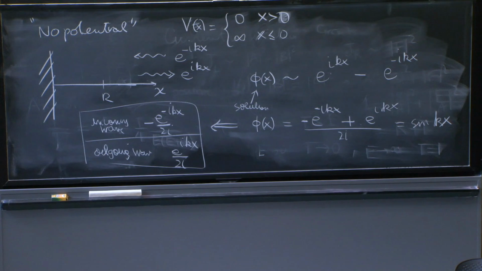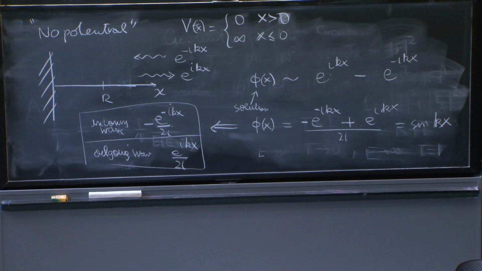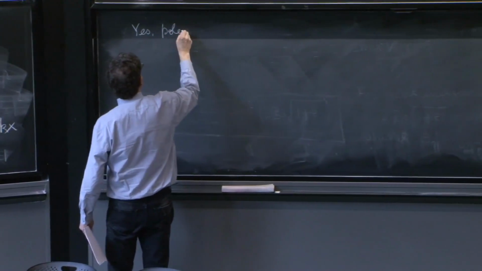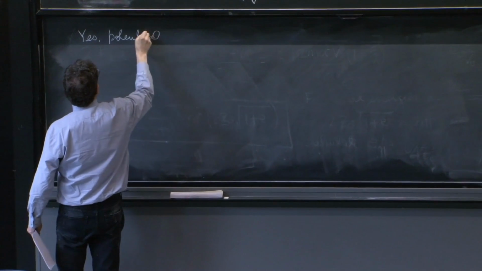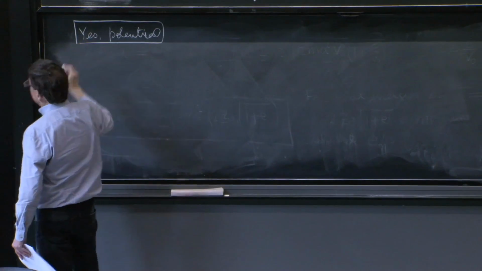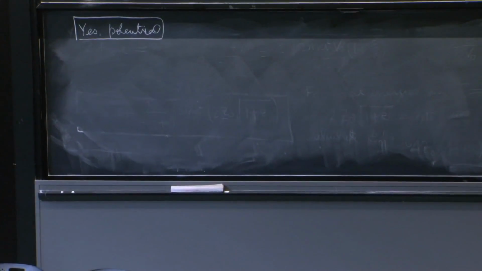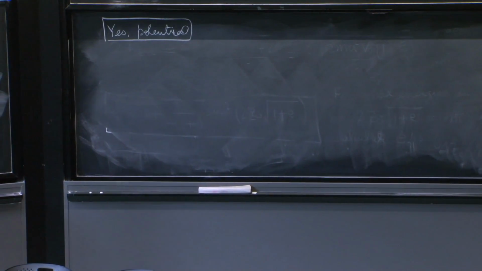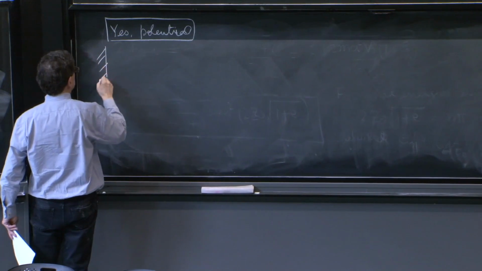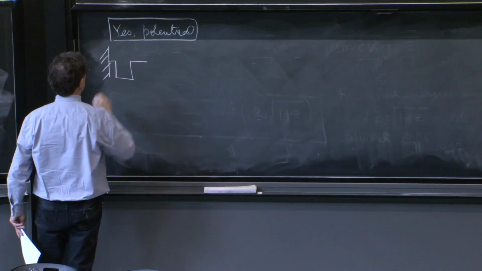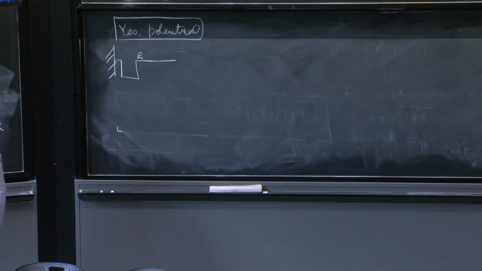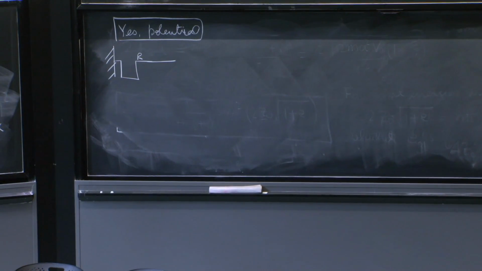So let's consider now, if no potential was there, and now yes potential. So what does it mean, yes potential? Well, it means you have this and you have some potential there up to some distance r, and then it flattens out and something happens.